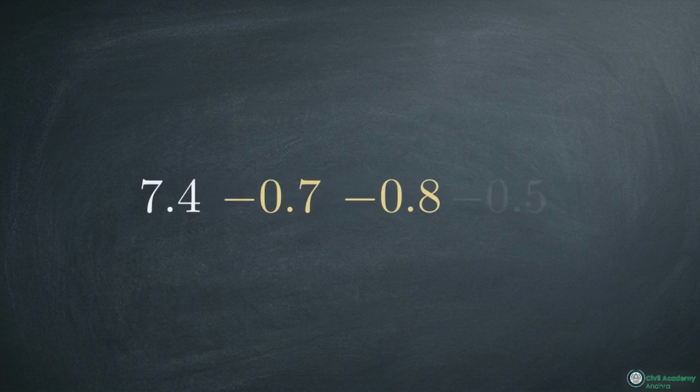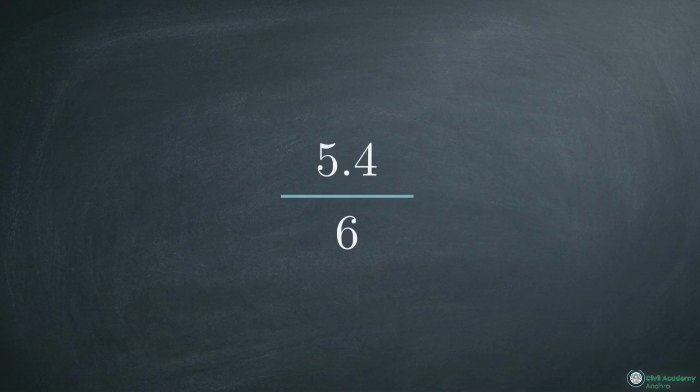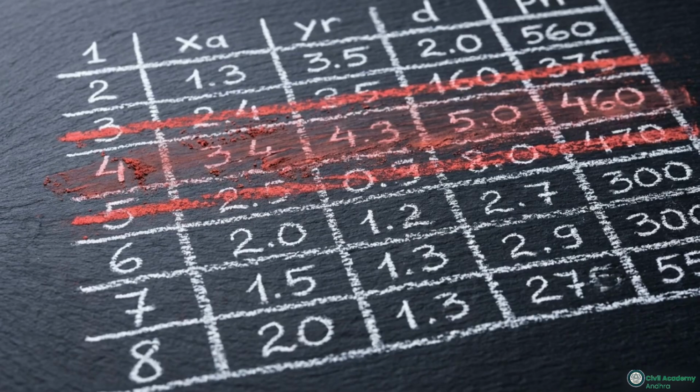Subtract the rainfall from those 3 discarded hours from the 7.4 total. Since we threw out 3 hours, divide the new number by the remaining 6 effective hours. This resolves to 0.9 centimeters per hour, the final correct phi index. This iterative mathematical pruning is the only reliable way to isolate the periods of true rainfall excess.